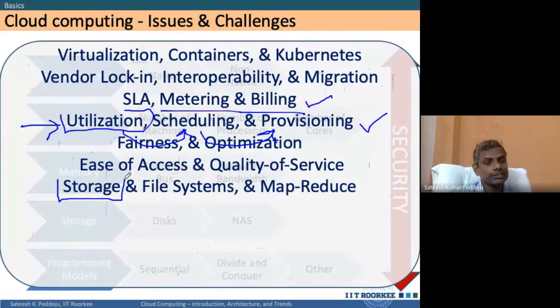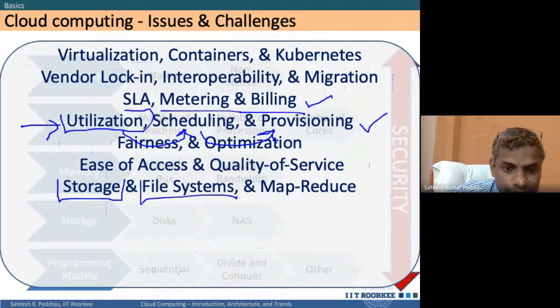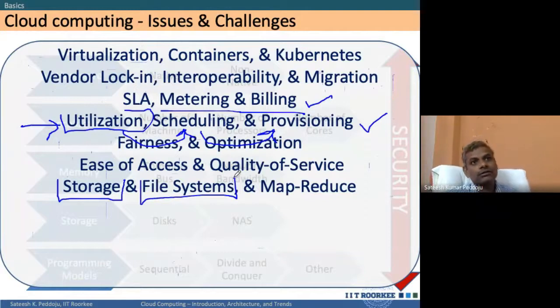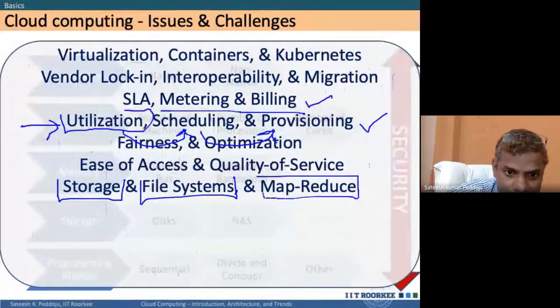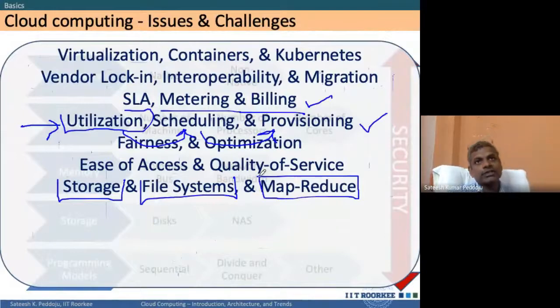Are your cloud computing systems compatible with your state-of-the-art systems? That is one of the important concerns. What sort of file systems you are using is also another important concern. Later, what kind of programming models you are using is the next important concern, like whether you are using sequential programming or parallel programming.